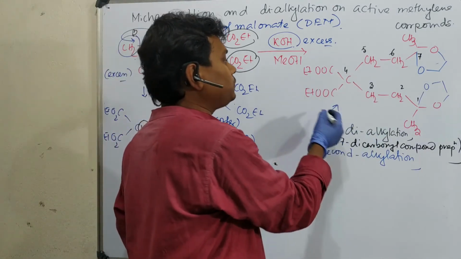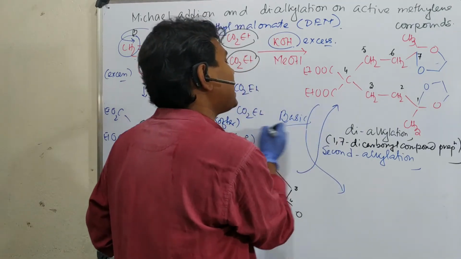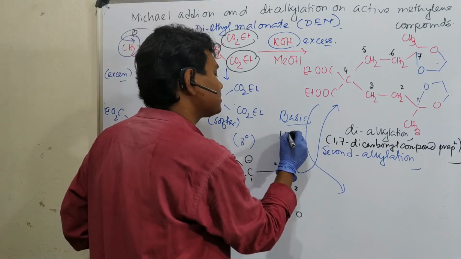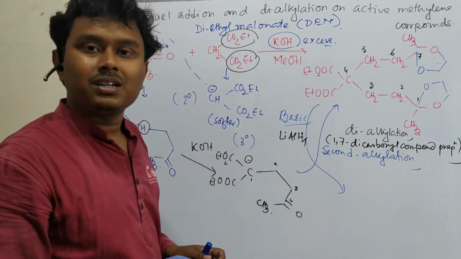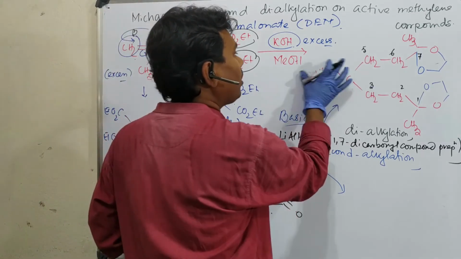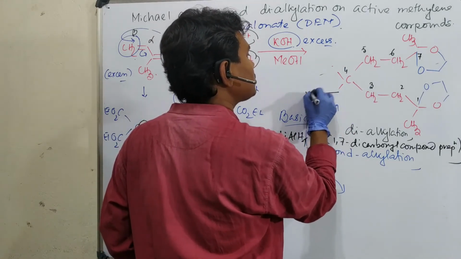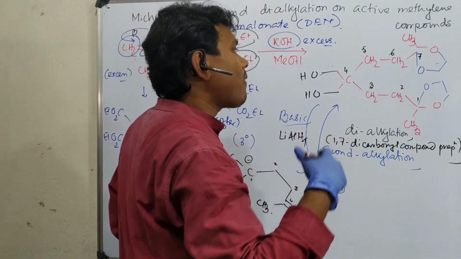So if we do a reaction under basic condition like reduction using lithium aluminium hydride, what will be done? This ester will be converted into the corresponding alcohol. So this will be CH2OH. This is also CH2OH. Then there is no problem. And after that, what can you do?